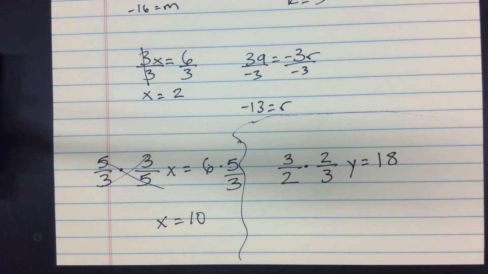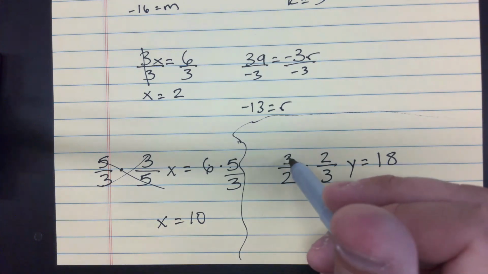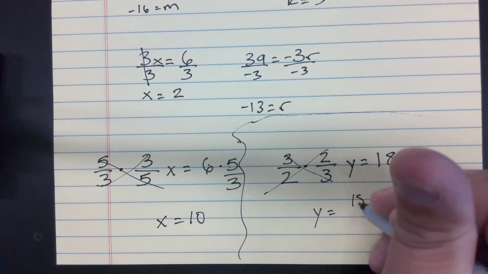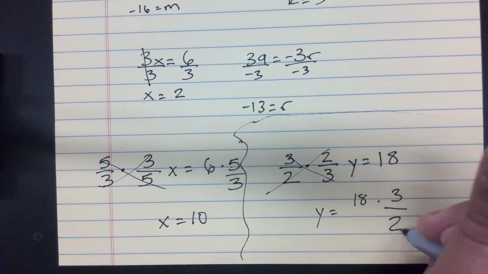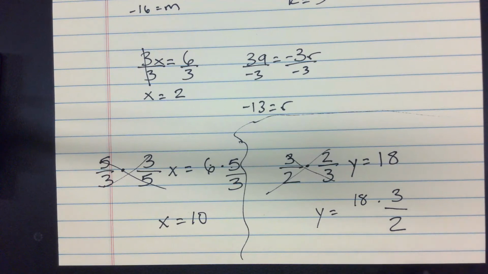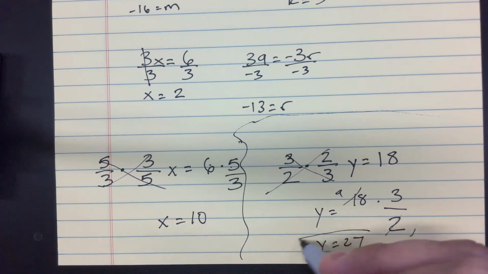So we're going to times both sides by the reciprocal, Dre, which is 3/2. That's going to cancel out here. We're going to be left with y equals 18 times 3/2, which in turn gives us 27, right? Because this can go to 1 and 9, which equals y equals 27.